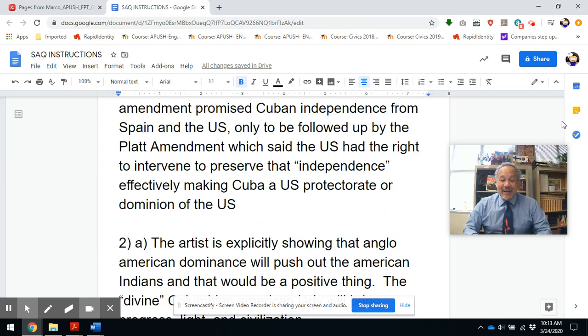But then the Platt Amendment says, no, we are able to intervene in Cuba to preserve its independence, basically becoming a protectorate for over 30 some years, all the way into the 1930s, until the Good Neighbor Policy of Stimson and FDR, again to give it more of its autonomous independence in a way.